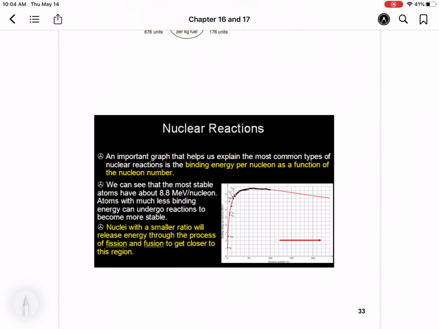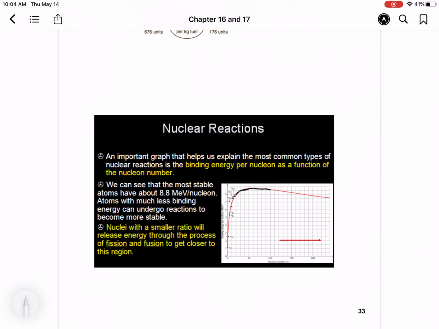All right, so one way to read this graph is that the split here is at 60 and 120. Lithium, for example, has a nucleon number of 7, and it has 5.6, 5.7 mega electron volts of binding energy, which is enough, but not a lot, right?